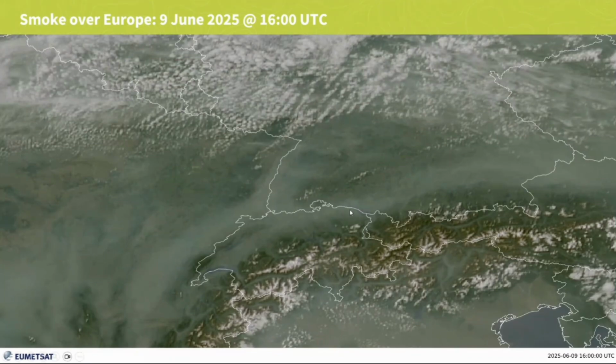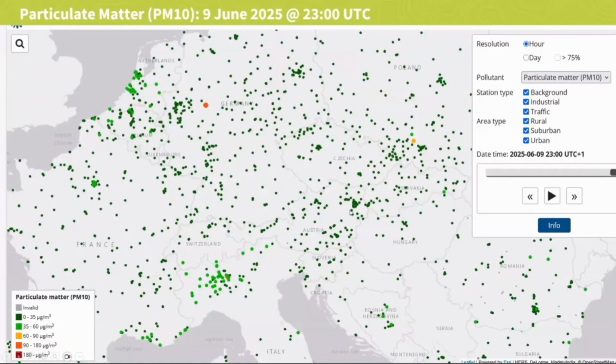Interestingly, this here is a chart of the measurements of the particulate matter, PM10, and you see that all of them, the same day but a few hours later in the night, show good values. So it's green, light green, dark green. That indicates light contamination with particulate matter.